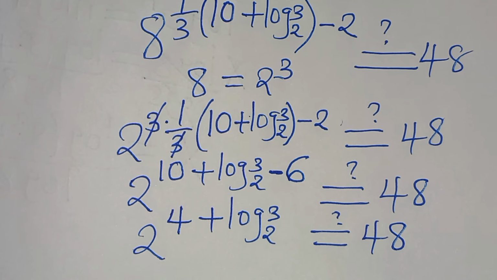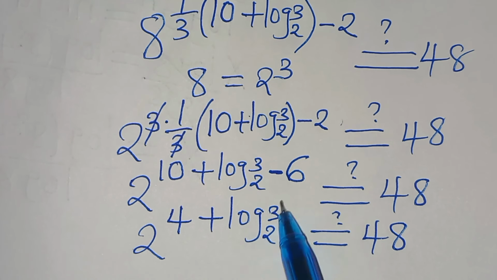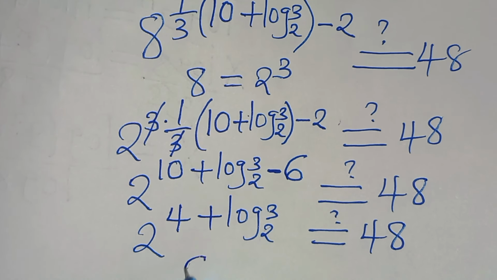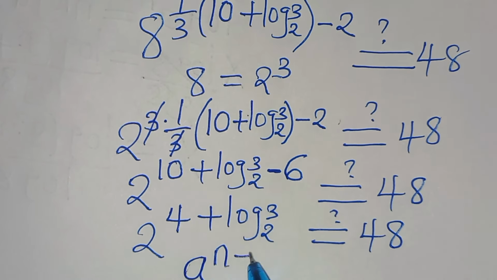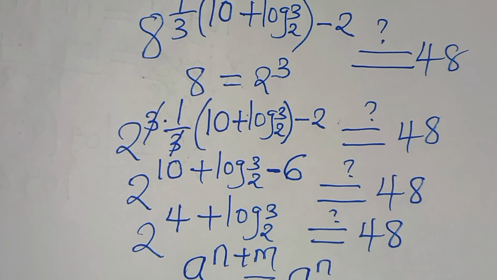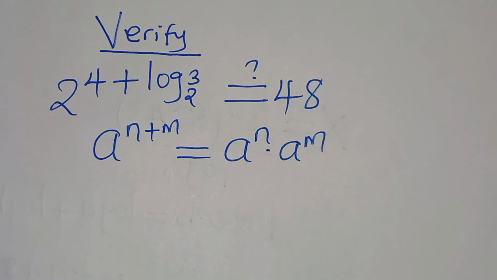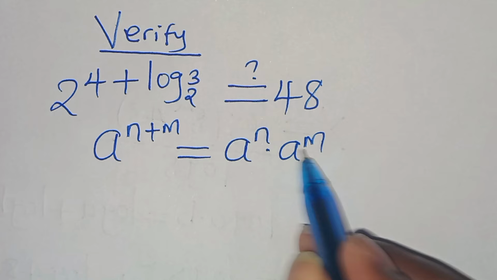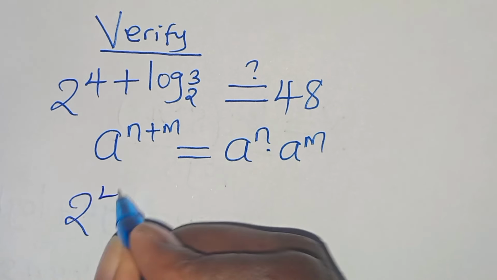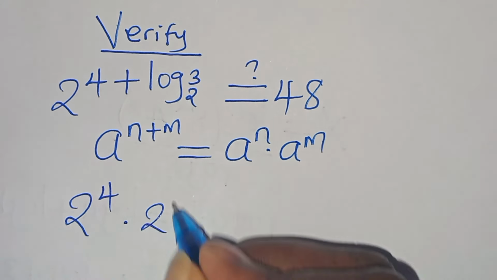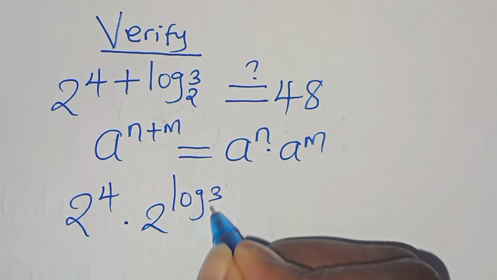Now we have 2 to the power of 4 plus log 3 to base 2. This is in the form of a to the power of n plus m, which we can express as a to the power of n times a to the power of m. Applying this exponent property, we have 2 to the power of 4 times 2 to the power of log 3 to base 2.